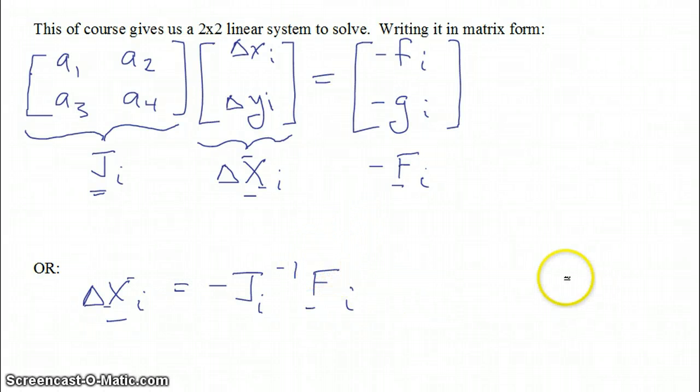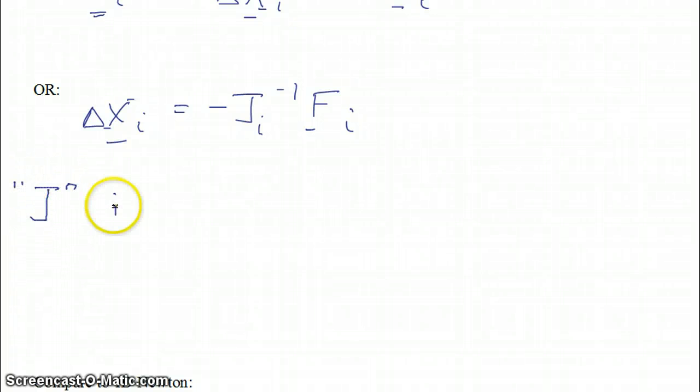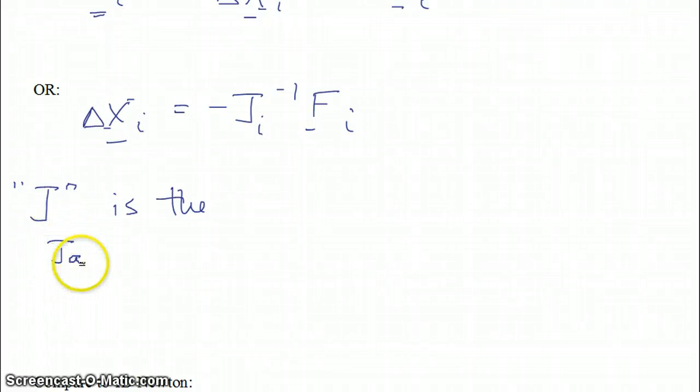So this is why we learned how to solve a system of linear equations, because when you use Newton's method in 2 dimensions, you have to solve a system of linear equations at each step. Now, just to put this all in context, you may have heard of this before, but our matrix J here is something called the Jacobian matrix.